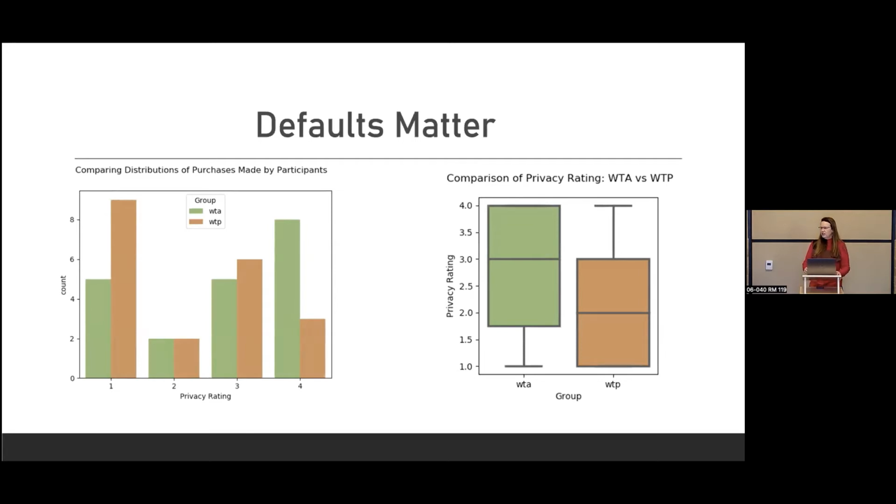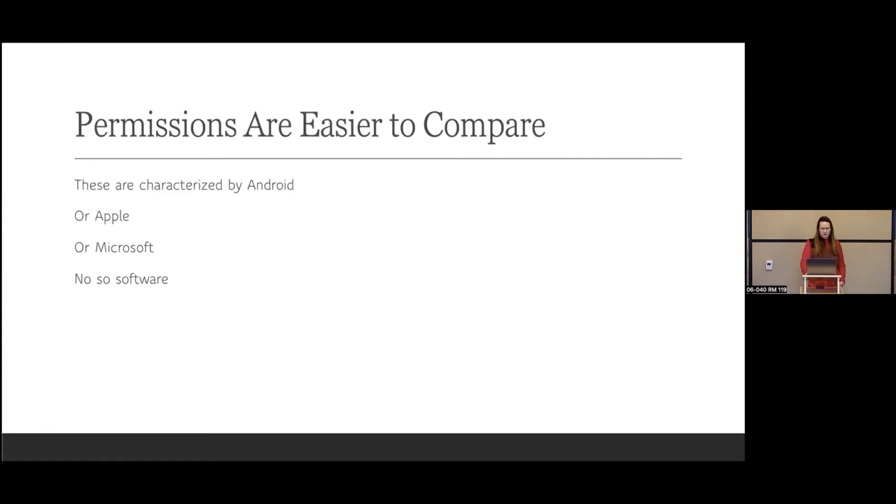We like what we have. We don't change our defaults. So this is the willingness to accept and willingness to pay price and privacy. It made a huge difference.